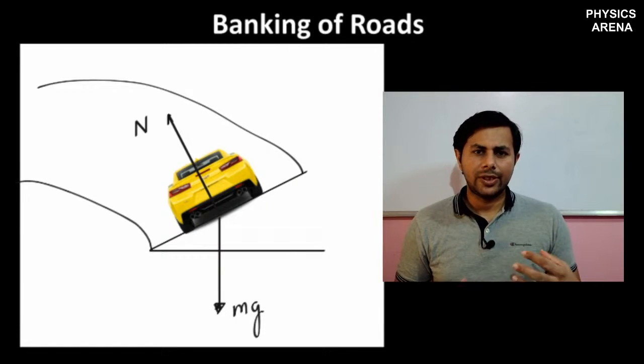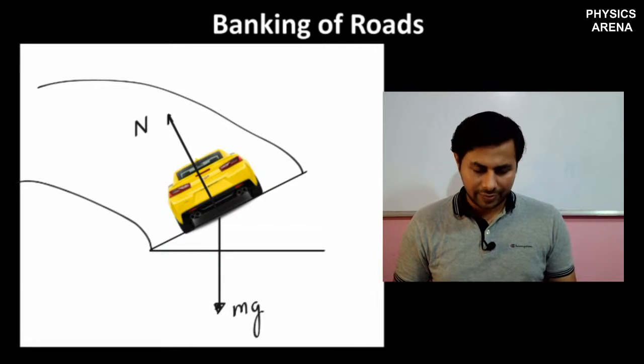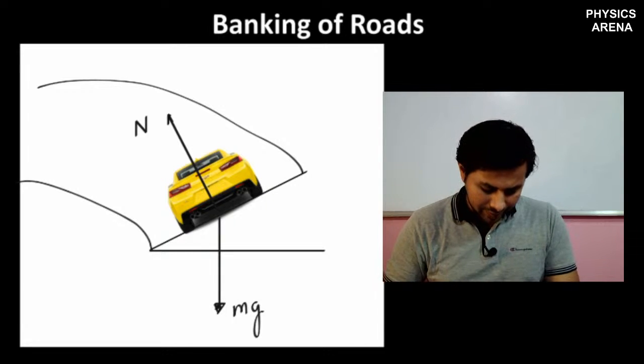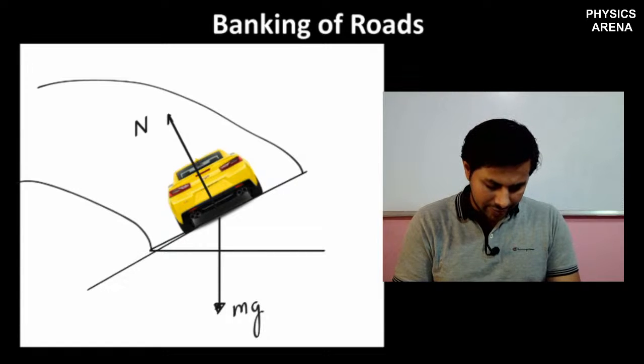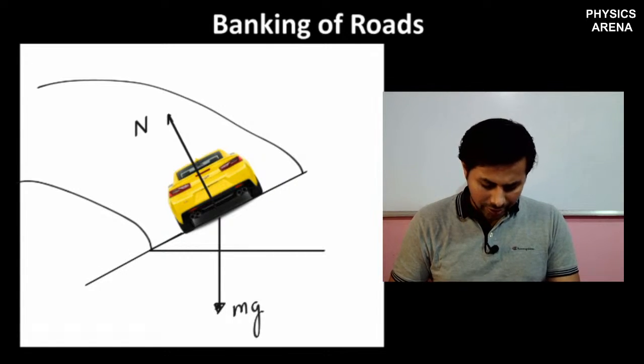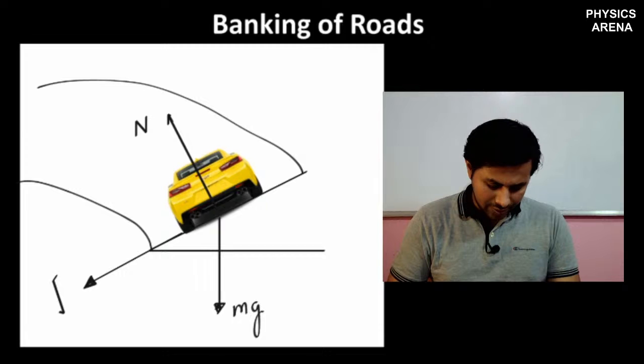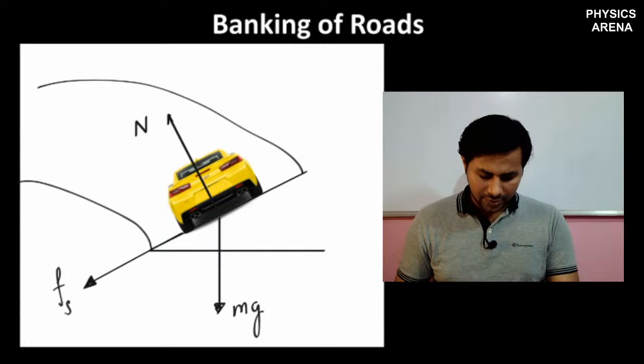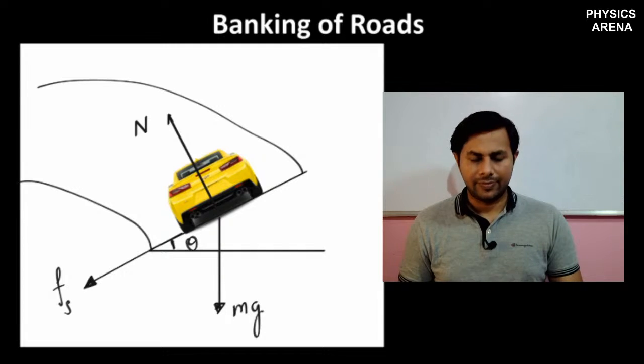The frictional force opposes skidding, and therefore it will act down the incline, along the surface of road, like this. So this is static frictional force. And this angle over here is theta.